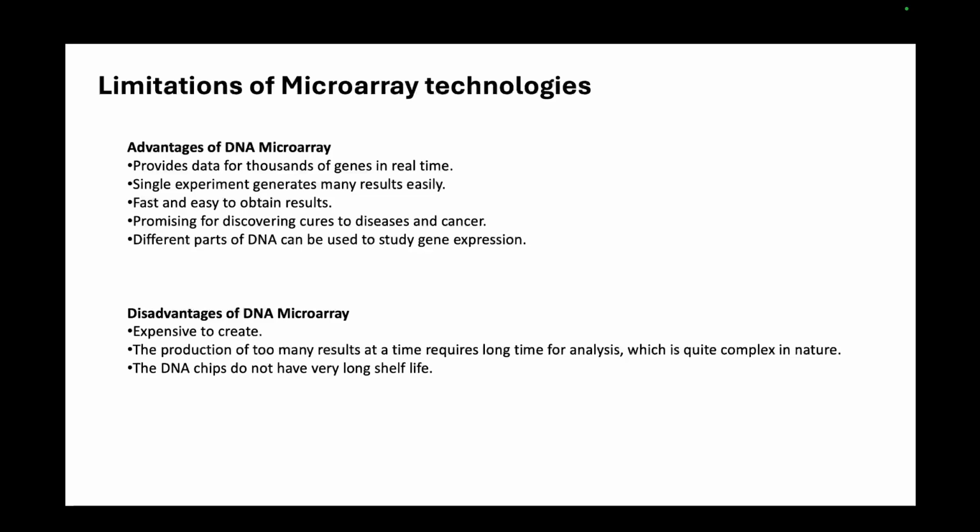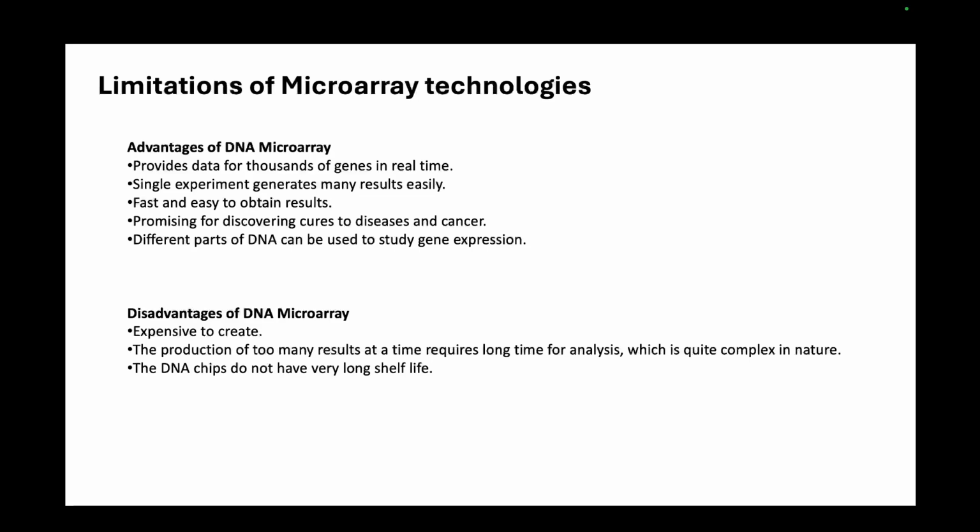But there are also disadvantages, so this technology is getting replaced by newer ones. First thing is the creation of this DNA microarray, depending upon your requirements, is a little bit expensive to create.